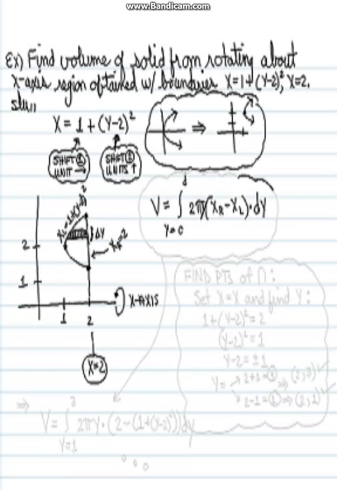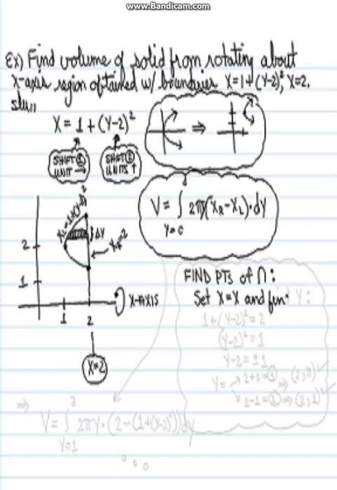And don't forget, y is the radius. I forgot to put that in, so I put it in now. It's 2 pi times y times x right minus x left, where the x's are expressed as functions of y. Now we need to find the points of intersection so we'll know how to integrate.